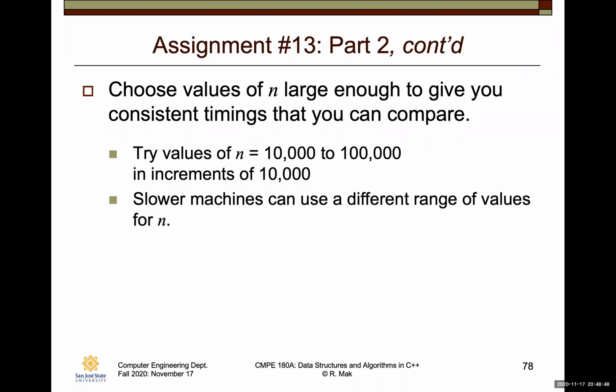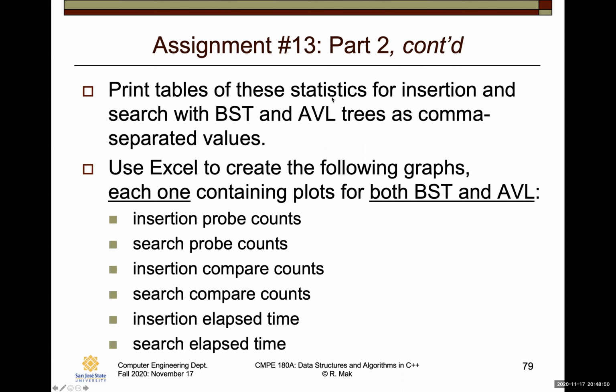Okay. Now you're going to print out these tables of statistics that you're gathering, and you should use Excel or any graphing program to plot the probe counts, okay, as n increases. And if you do it for both binary search tree and AVL, then you'll be able to compare.